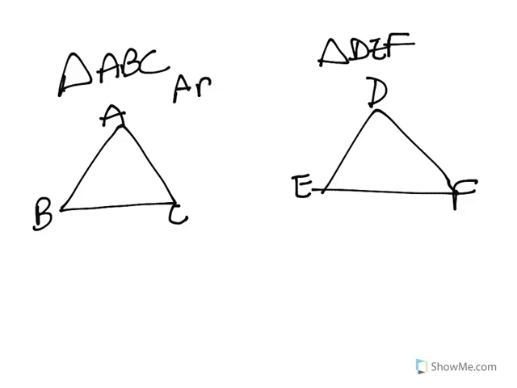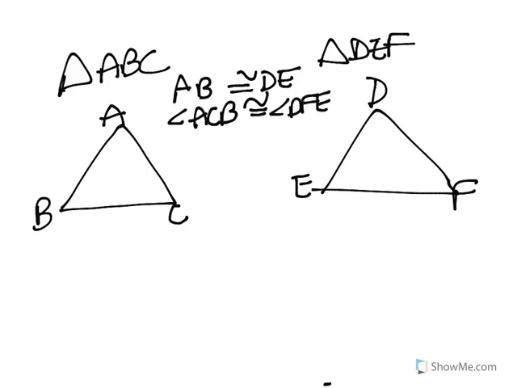If I tell you that AB is congruent to DE, and that angle ACB is congruent with angle DFE, and I tell you that DF is congruent with AC, what do we know? Can we tell, are these two triangles congruent or not?